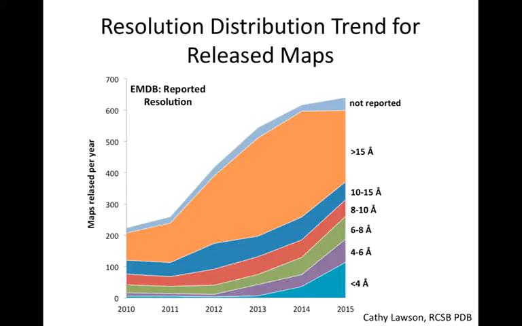Among all these structure deposits in either database, the resolution spans between 2 angstrom all the way to 80 to 90 angstrom. As you see in this curve, in the last 6 years, there has been a steadily increasing number of structures being solved by the community around the world.